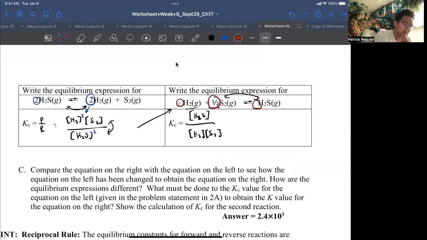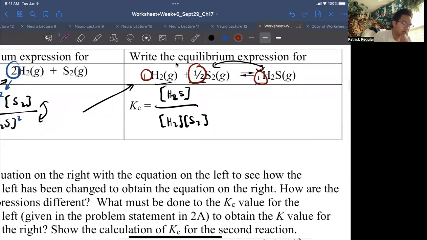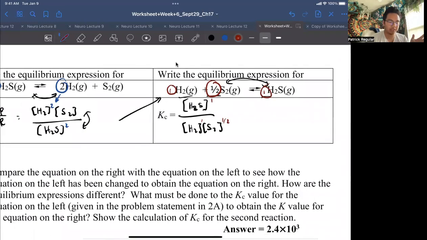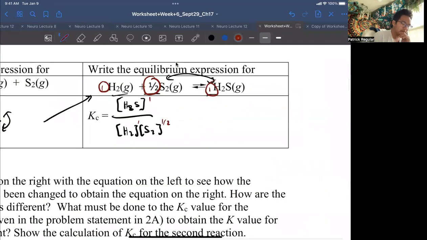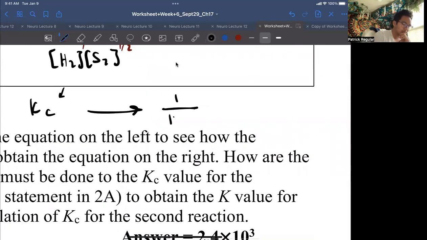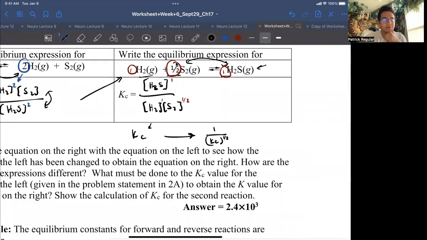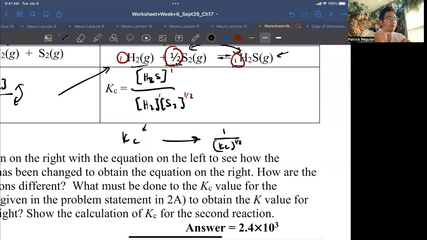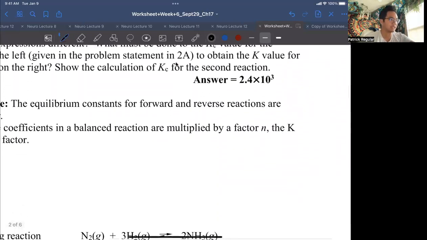So our coefficients are 1, 1, 1/2. That's what it would look like. And then in actuality, again, this was our initial one. And when we had that change right here, reciprocal, and then we had to the 1/2 power because we also decreased all the coefficients by 1/2. So this mixes both of them up. You'll probably see that on your test.